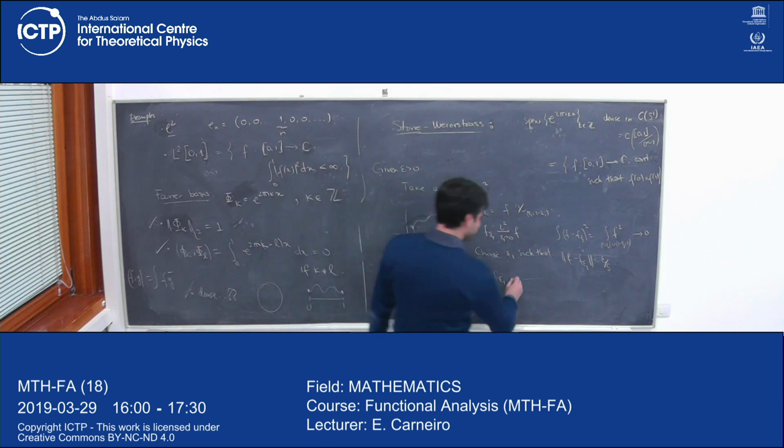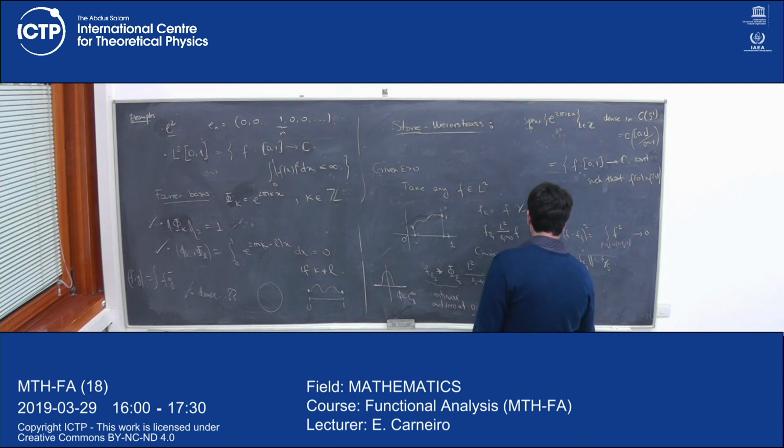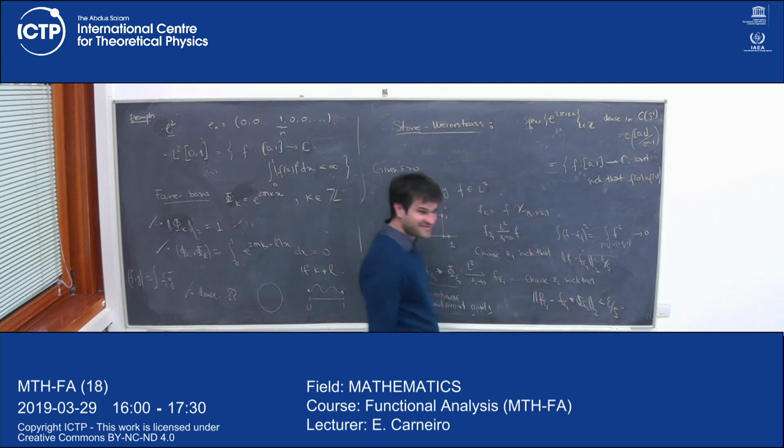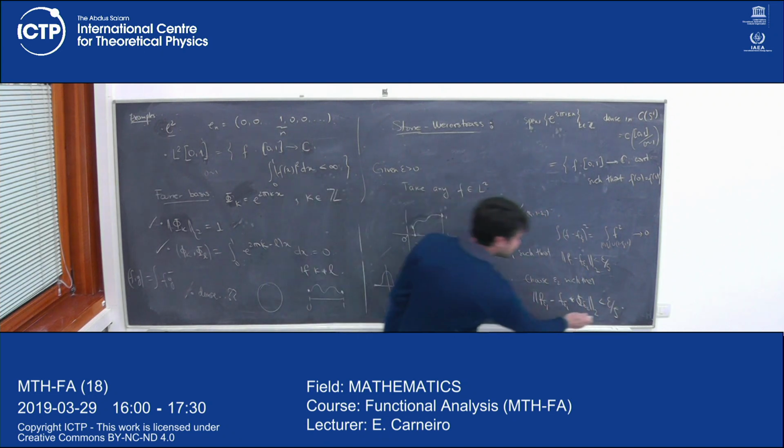So what I'm going to do now is choose epsilon 2 such that the L2 norm of f epsilon 1 minus f epsilon 1 convolved with phi epsilon 2 is less than another epsilon over 5.